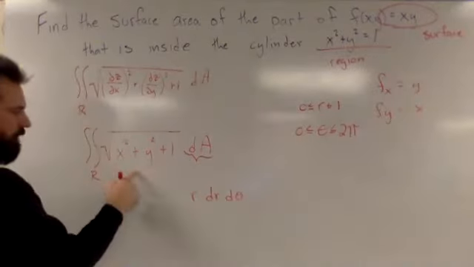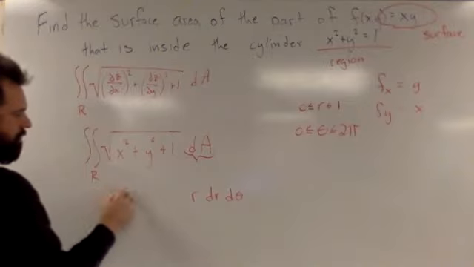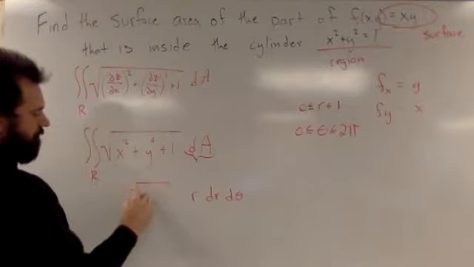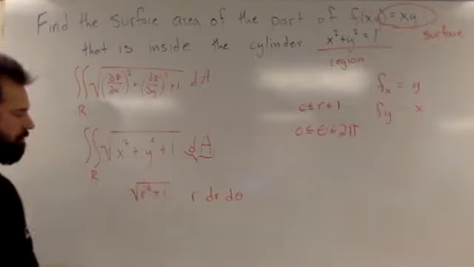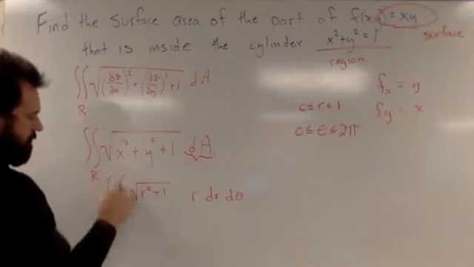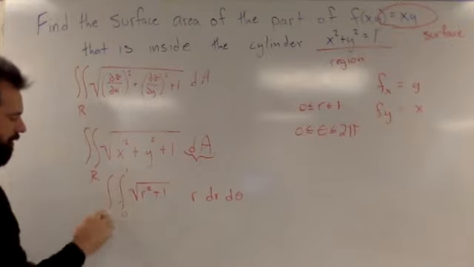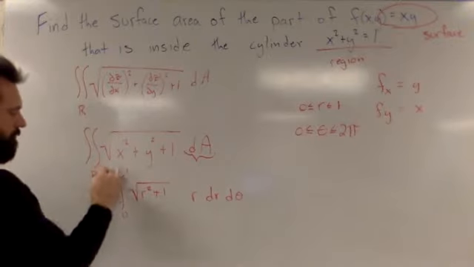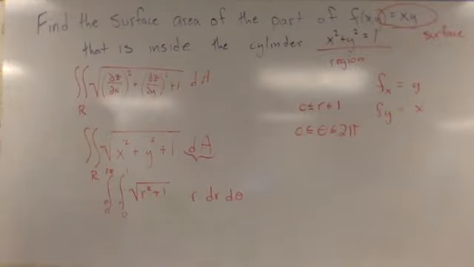And then now I can write my integral. This is going to be the square root of r squared plus 1, r from 0 to 1, and then theta from 0 to 2 pi.